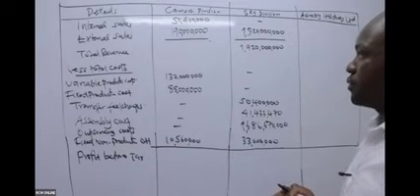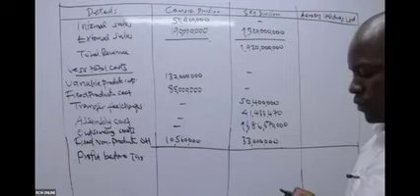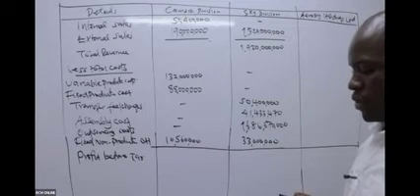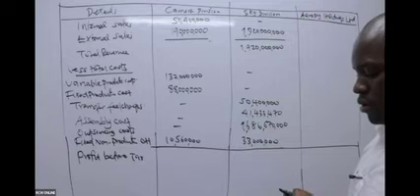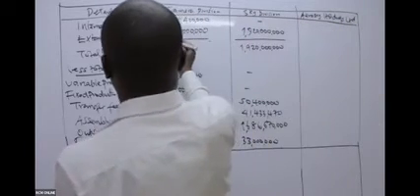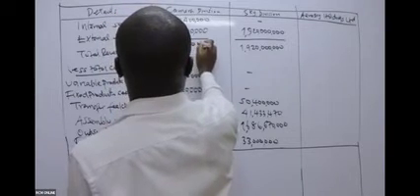Let me see. Profit before tax. So this one should be 240,400,000.